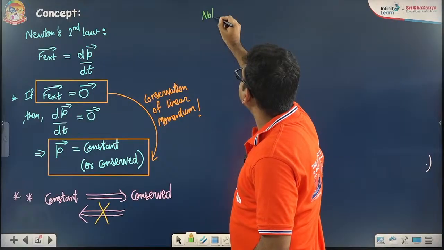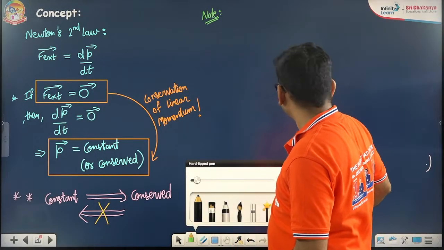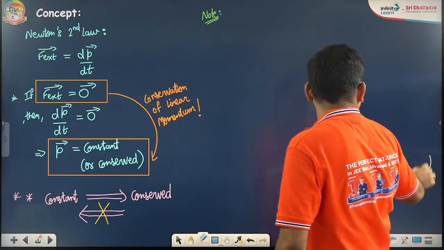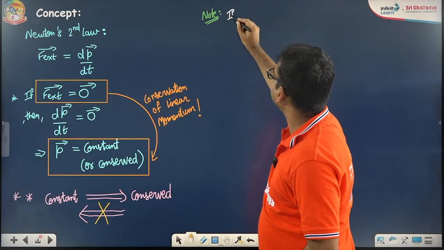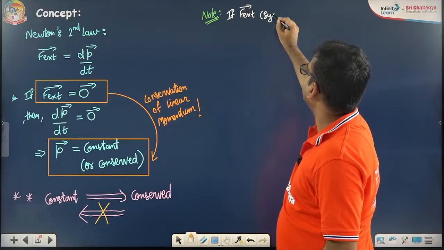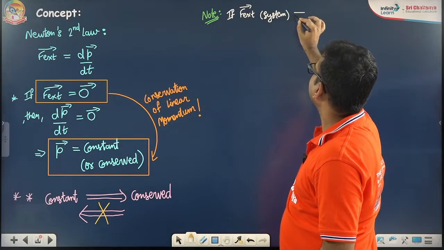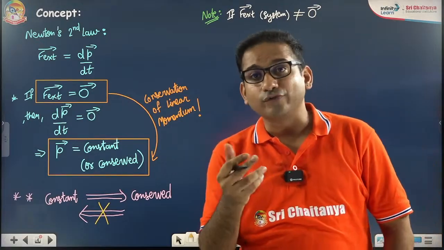If the external force acting on the system overall is non-zero, then we can't conserve the linear momentum overall.